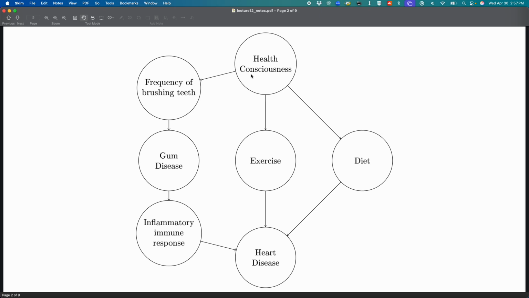That would be like saying, if you don't brush your teeth, you're going to get heart disease. That can be one causal factor in this chain, but the idea is that if you could somehow control for gum disease and control for this, do we still think that frequency of brushing your teeth would lead to heart disease? Probably not, because you've controlled for the elements in this causal chain.